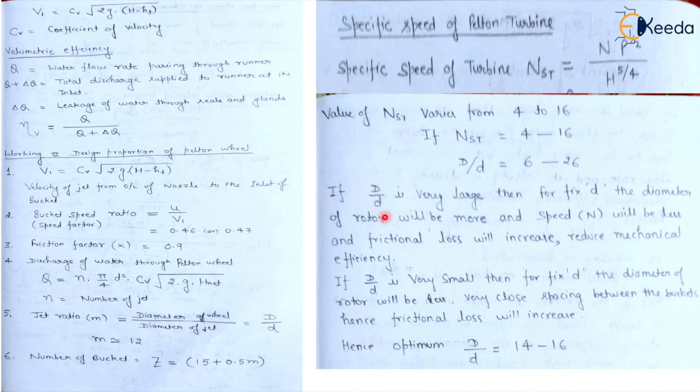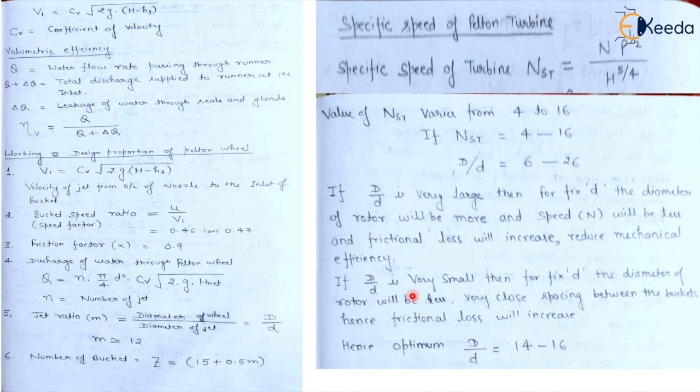If capital D by small d is very large, then for a fixed value of d, the diameter of the rotor will be more and speed N will be less, and frictional loss will increase, reducing mechanical efficiency.